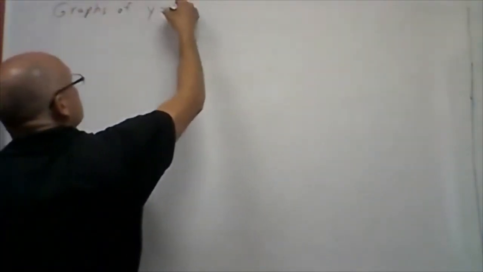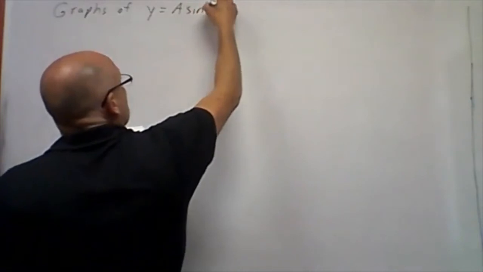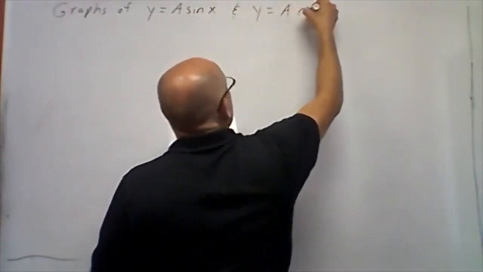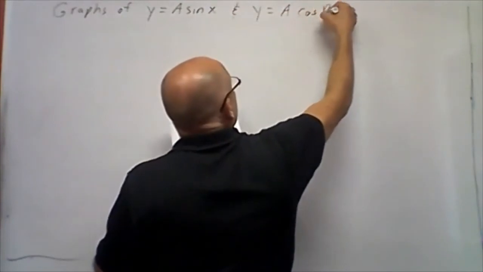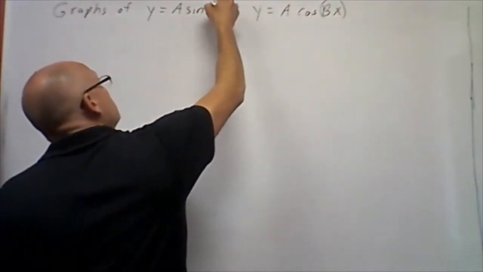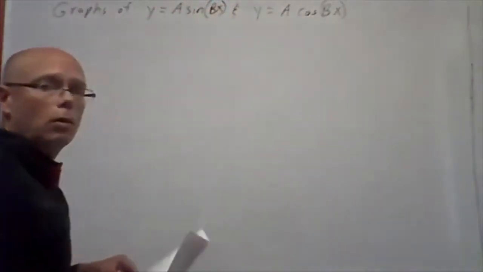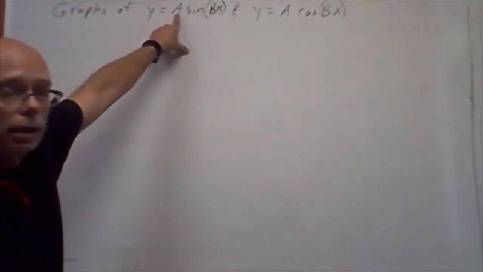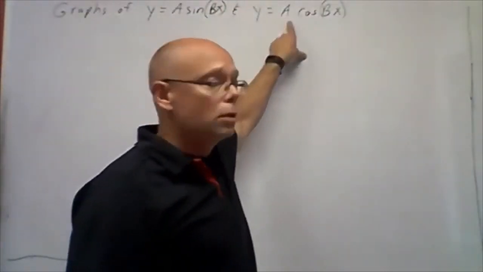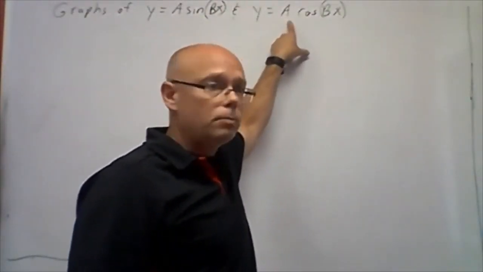Graphs of y is equal to a times the sine of x, and y is equal to a times the cosine. Actually, I need bx here instead of just x. Bx. All right, let's think about what this does right here. If there's some number here, it's going to be a vertical stretch or a vertical compression.